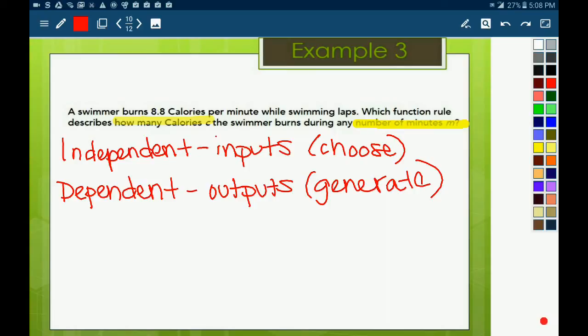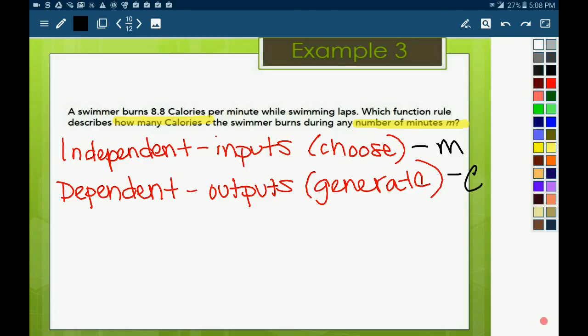It just goes. Nothing else influences time. But the time is definitely going to influence how many calories you burn. So since the number of calories depend on how many minutes you've been swimming for, I'm going to say that the independent variable, or the inputs, is going to be the minutes M. And the dependent, or the outputs, that's going to be calories, or C.